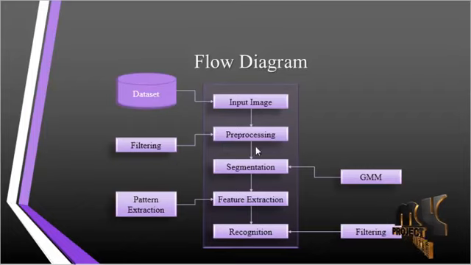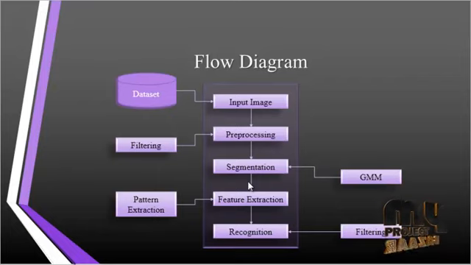After the pre-processing, the pre-processed image undergoes the segmentation process. In the segmentation process, the human and object interaction will be segmented by using the GMM model. The GMM is abbreviated as the Gaussian mixture model. After the segmentation, the segmented result undergoes the feature extraction module.